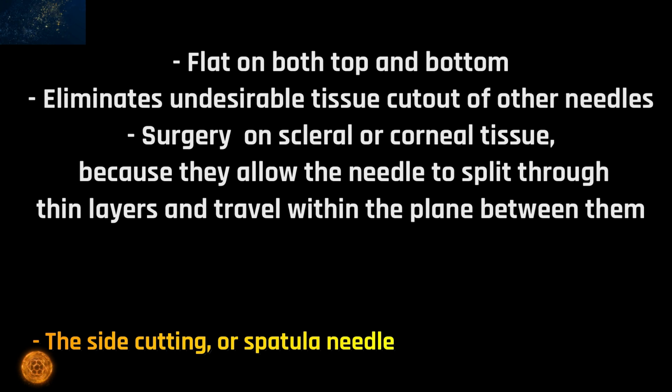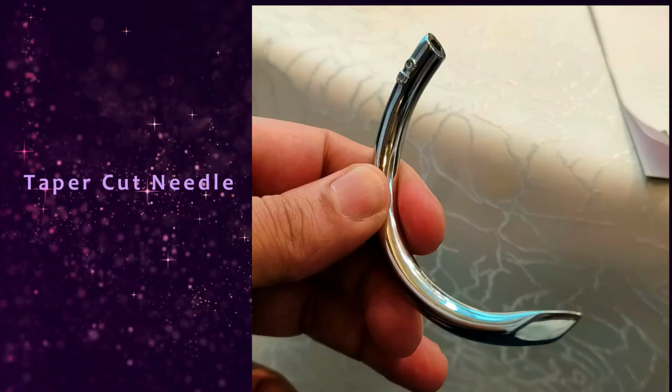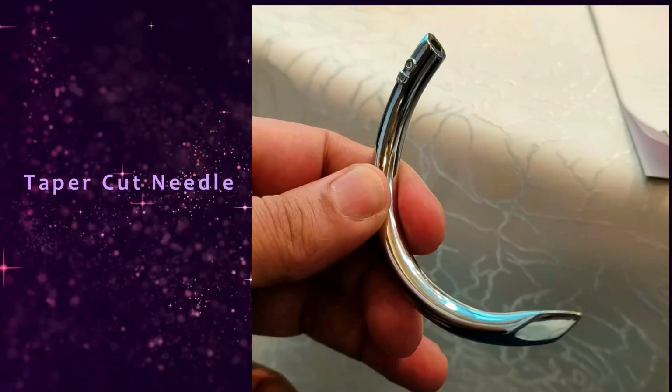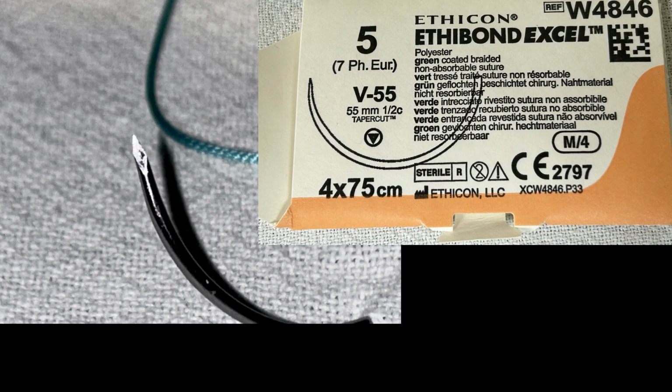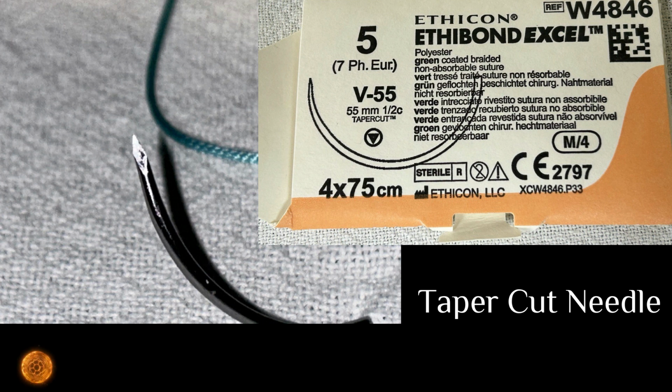Another important needle that you will come across is the taper cut needle. This is the taper cut needle which I discussed before also. That is number 5 Ethibond suture used during sternotomy surgery, and we have already uploaded an open sternotomy video. Do check that out.